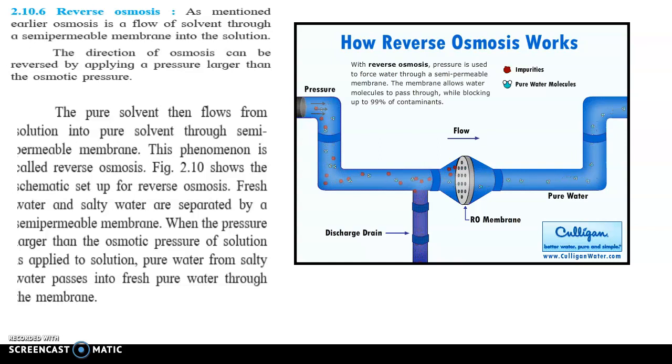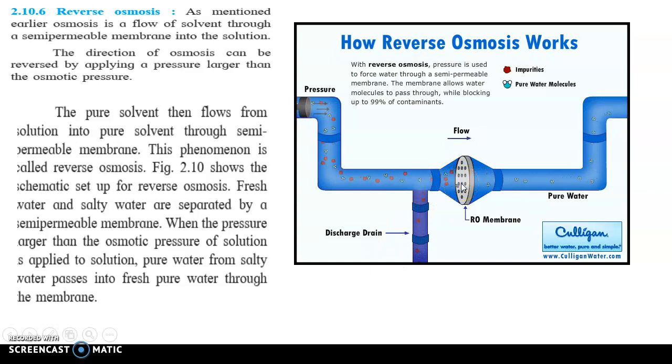The pure solvent then flows from the solution into the pure solvent through a semi-permeable membrane. This is the semi-permeable membrane. This phenomenon is called reverse osmosis. In this figure there is a schematic setup of reverse osmosis.